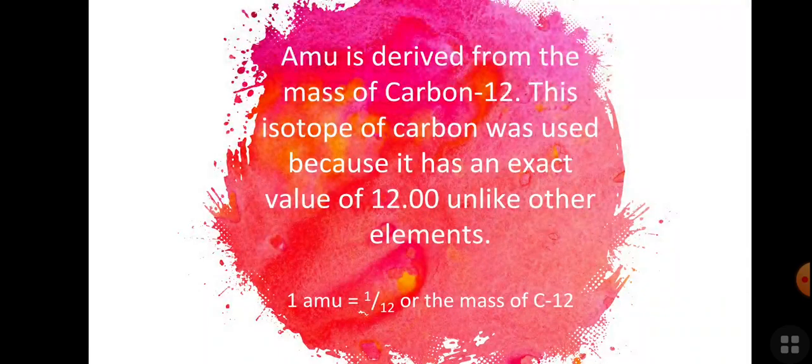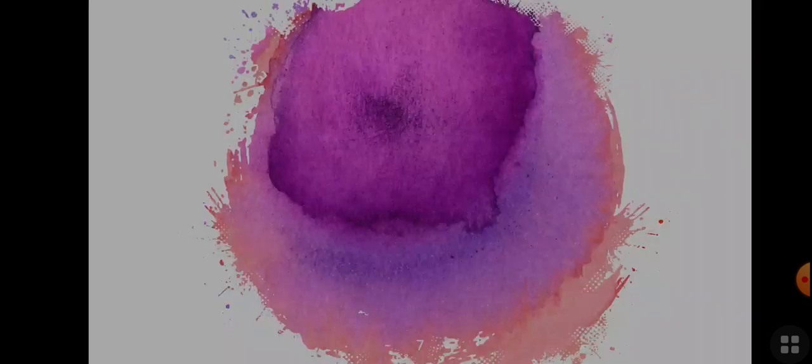So, AMU is derived from the mass of carbon 12. This isotope of carbon was used because it has an exact value of 12.00 unlike other elements. So that's AMU. We will be using that unit.